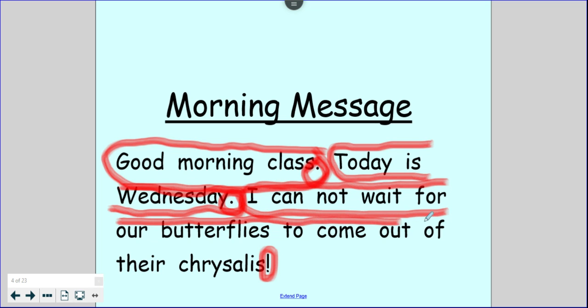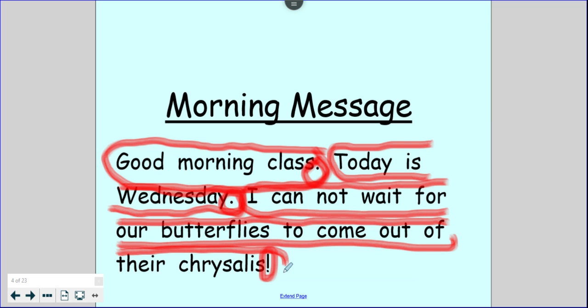I cannot wait for our butterflies to come out of. Is that the end of my sentence? Do you see a mark here? I don't either, so that tells me I've got more words in my sentence. Their chrysalis. Do you see the mark to show me that my sentence is over? Me too, it's the exclamation mark.